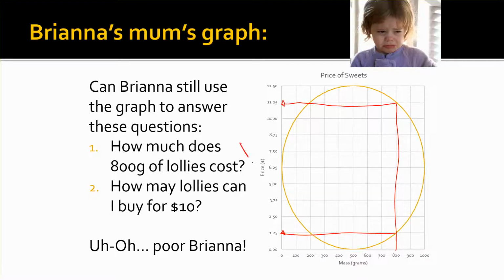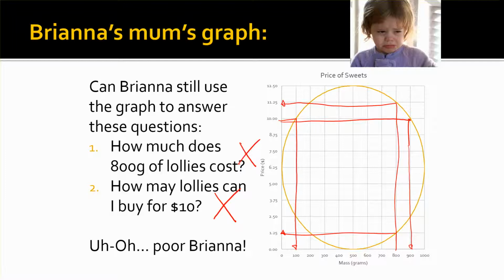Her shop's not going to work out. Ask her the second question, how many lollies can I buy for $10? She'll say, well, you can buy 100 grams or you can buy 900 grams of lollies. So she can't do anything at all.